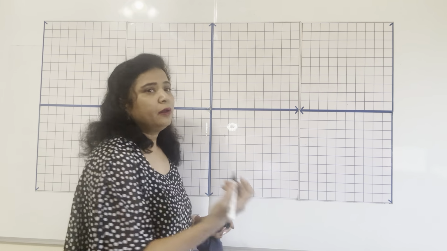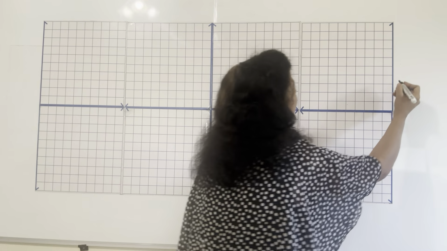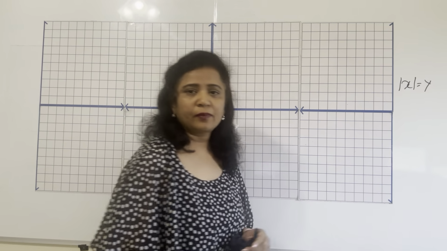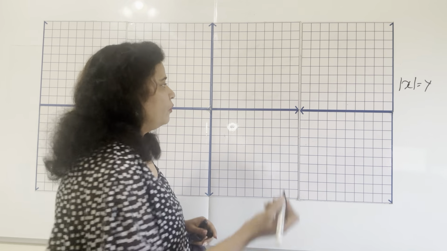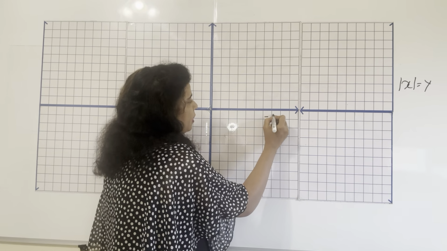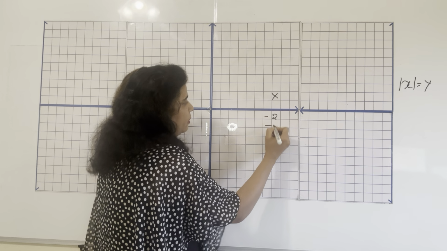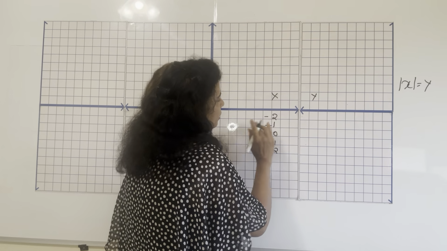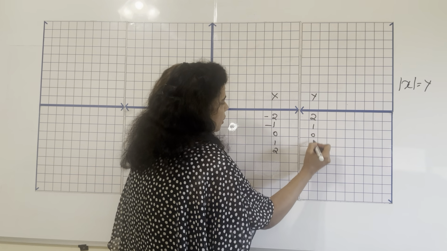So here, the first equation we are talking about is the absolute value of x is equal to y. If we see the chart or graph, the x values are minus 2, minus 1, 0, 1 and 2. So y will be 2, 1, 0, 1 and 2.